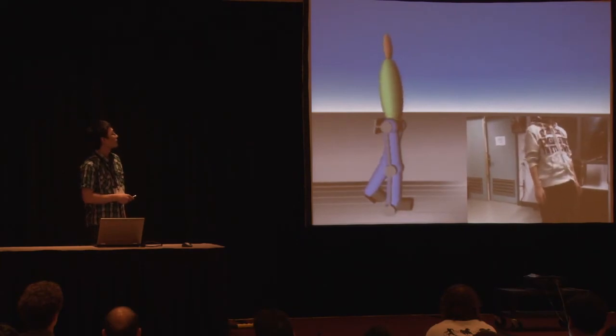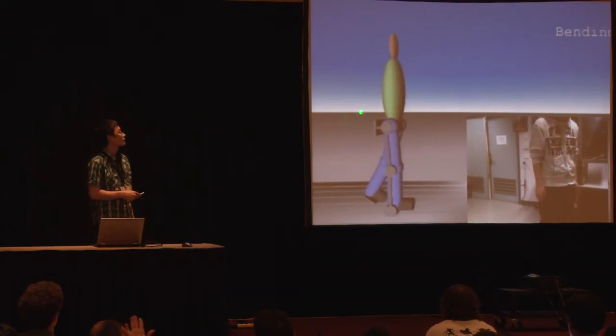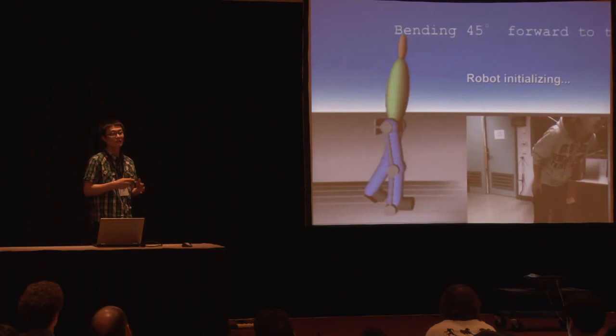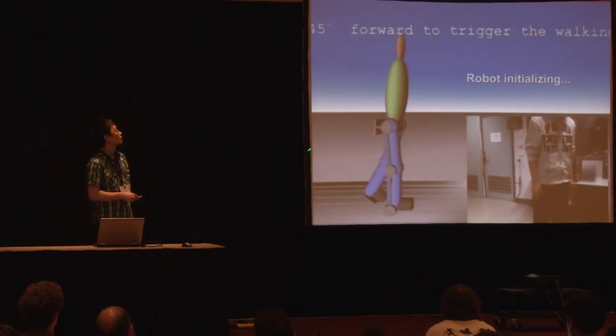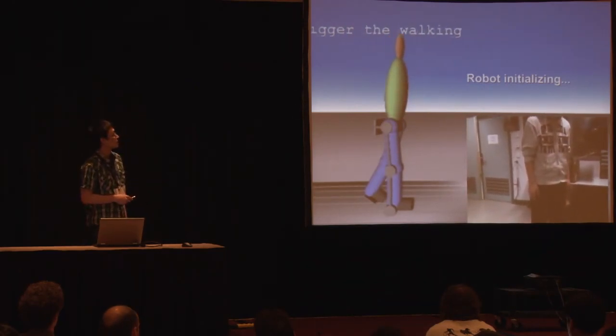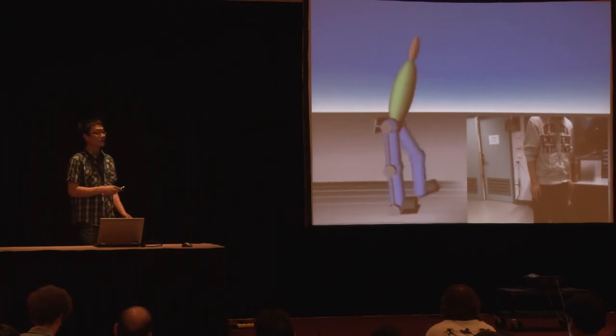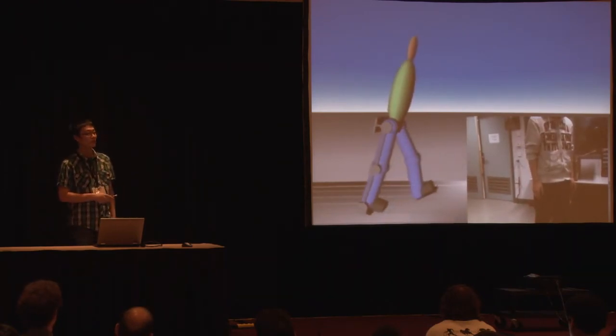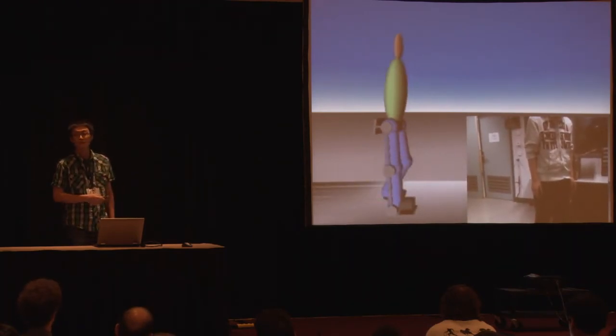If you bend 45 degrees, which means we trigger the start motion, then the robot will start to walk. And then the rest is self-explanatory, and I think now it's time for questions.